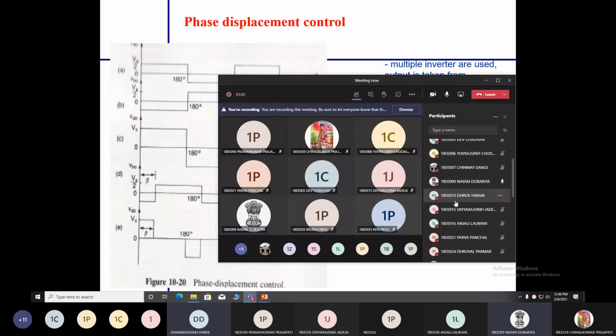Clear? Next, 13 number, same question. Which technique is better and why? Dhruv Hiran, 13 number. Yes, sir. Give me the answer.